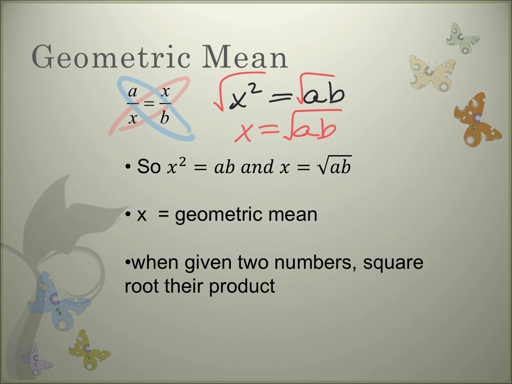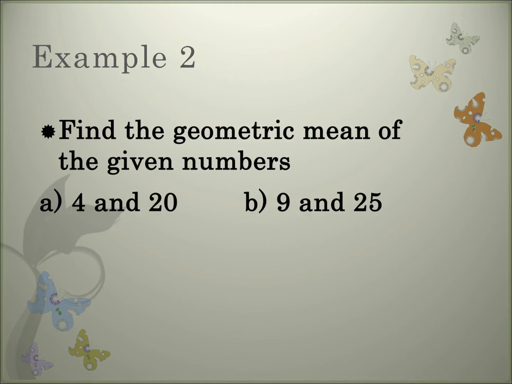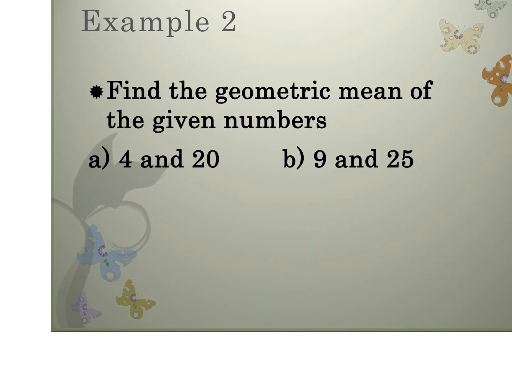So let's try to find a geometric mean given two numbers. Now, you don't have to put it in the proportion as long as you understand that geometric mean means you take the two numbers, multiply them, and then square root that product. You don't need to write geometric mean in a proportion.